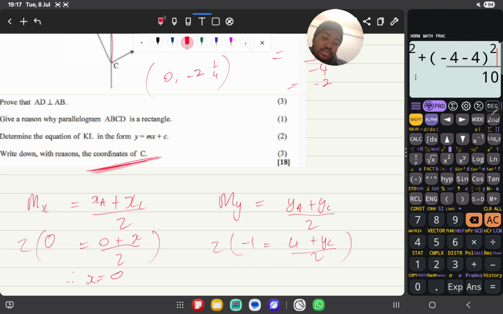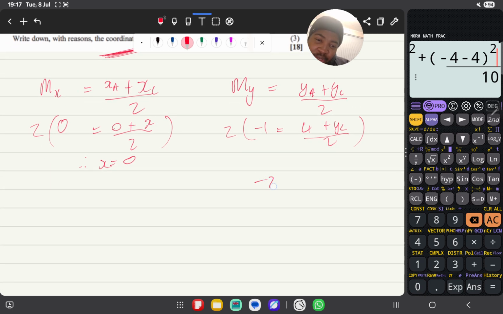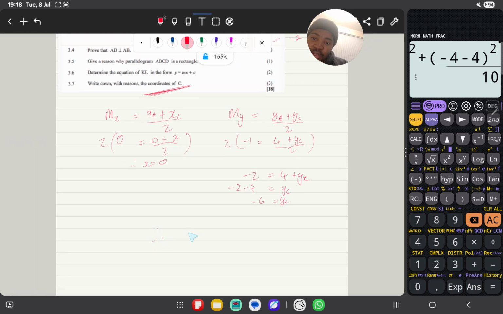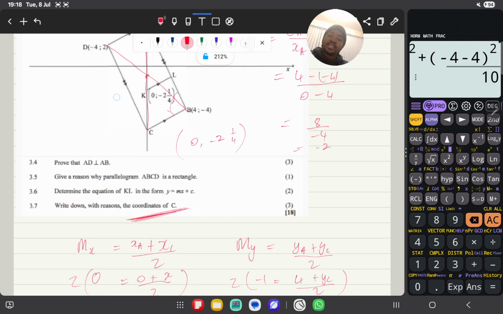Multiply by 2: you have minus 2 equals 4 plus yC, and then minus 2 minus 4 gives yC equals minus 6, right? And therefore the coordinates of C are (0, -6), which makes sense, right?